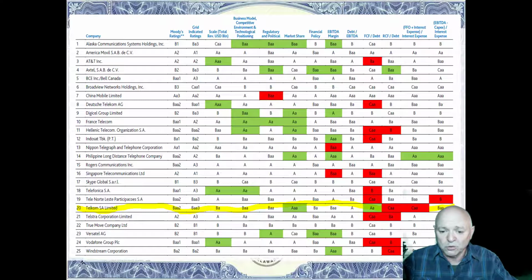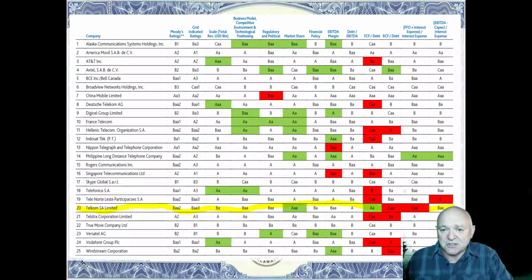They have an overall rating of triple B, Baa2, on a scale of 1 to 4, so a moderate outlook. According to the current evaluation, they should have a triple B3 rating, which is a little bit below that. So it looks like they could possibly be downgraded.